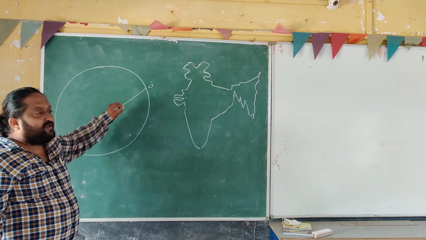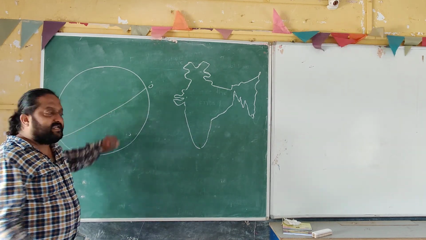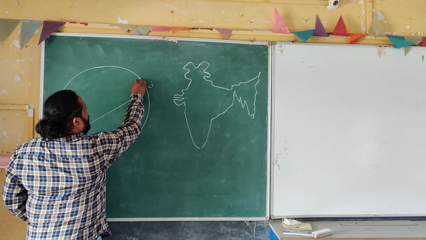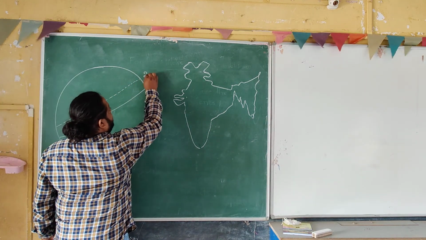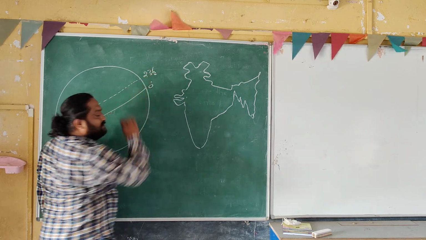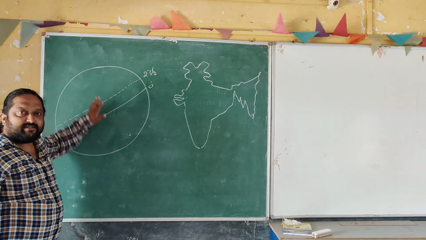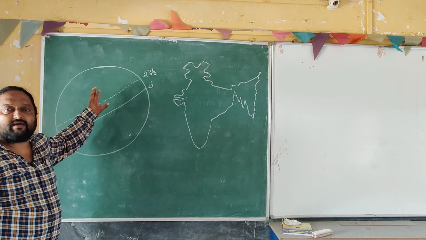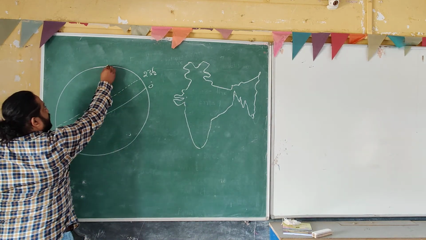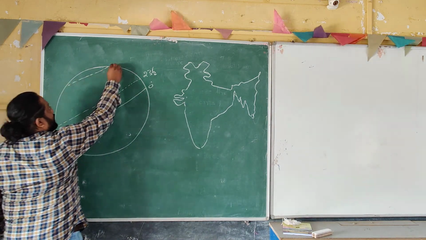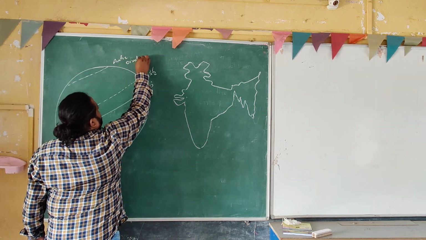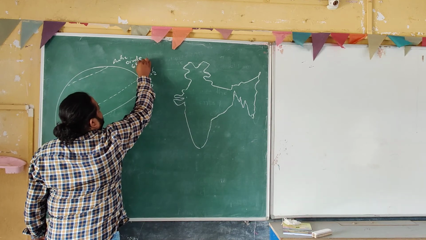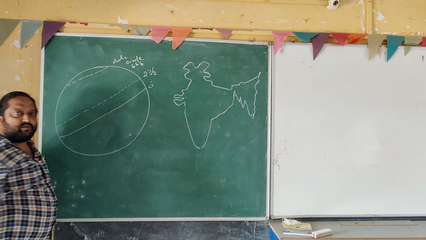Apart from that, we have got other major imaginary lines. In the northern hemisphere, this is called 23.5 degree north latitude, and it is also called the Tropic of Cancer. Apart from that, we have one more imaginary line, called the Arctic Circle, which measures 66.5 degrees north latitude.